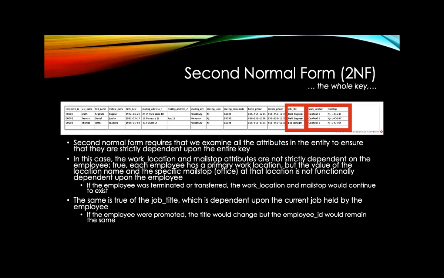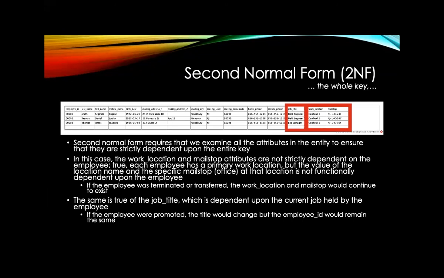My mail stop or office number doesn't necessarily repeat, but why would I consider it to be related as one group of data that's not dependent on employee ID? What about this office number makes it not dependent on employee ID, but dependent on something else?